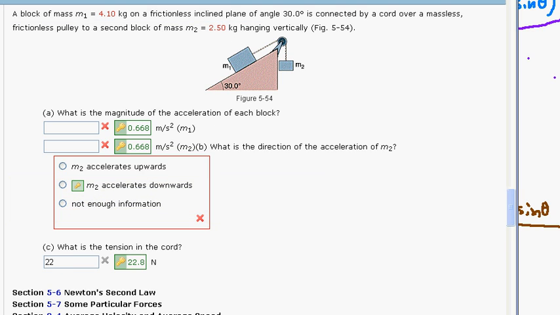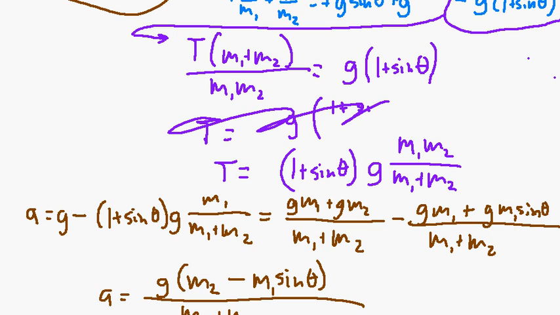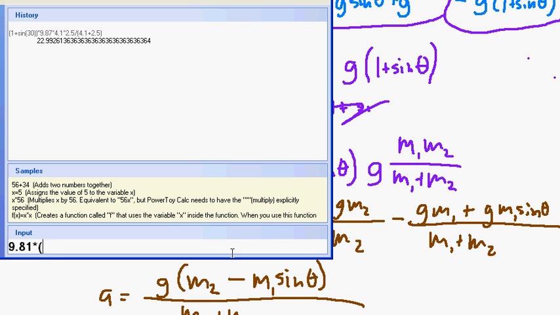So 2.5 minus 4.1 times sine 30, divided by 2.5 plus 4.1. And 0.669 is the magnitude of our acceleration. And yep, I got that right.